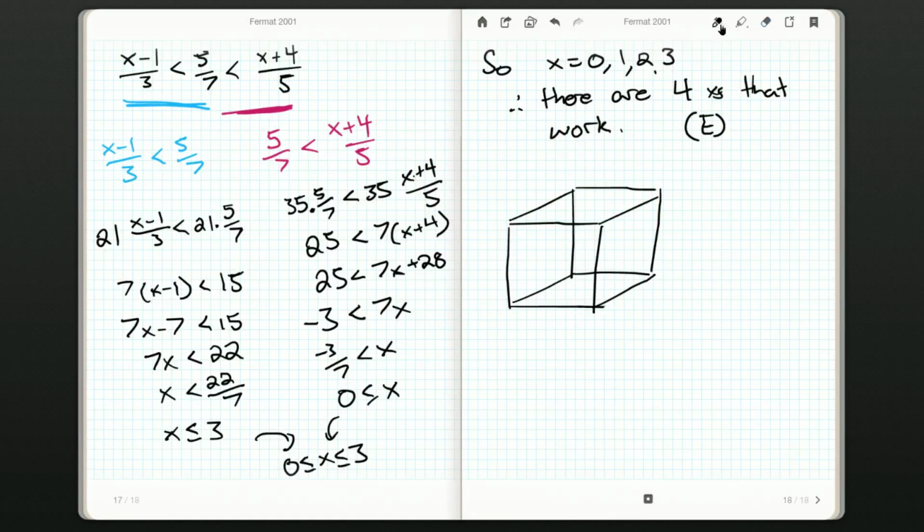Alright, so we'll put the triangle we're talking about in green, I guess. So we're talking about A, B, and we've got this point down here, P. So this triangle goes through our cube.